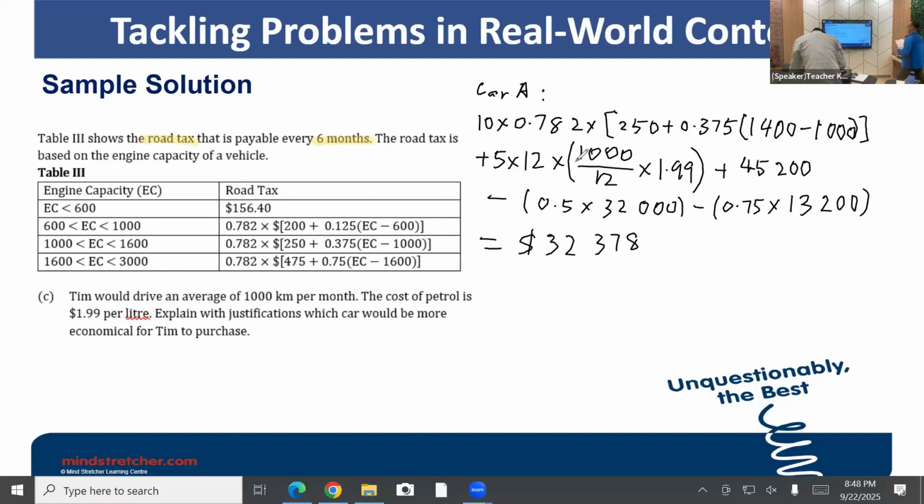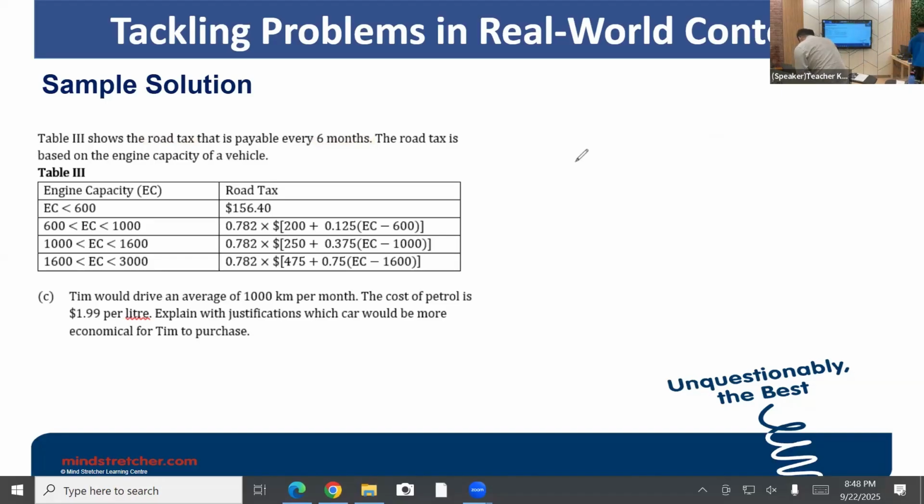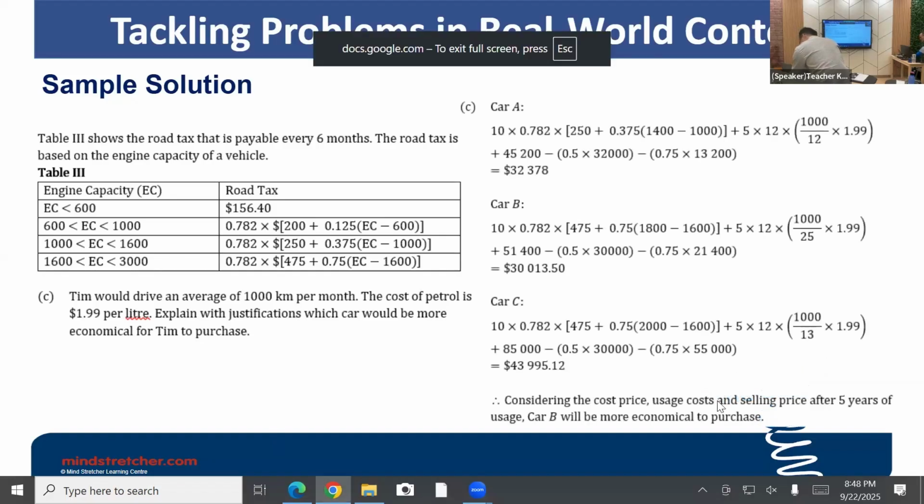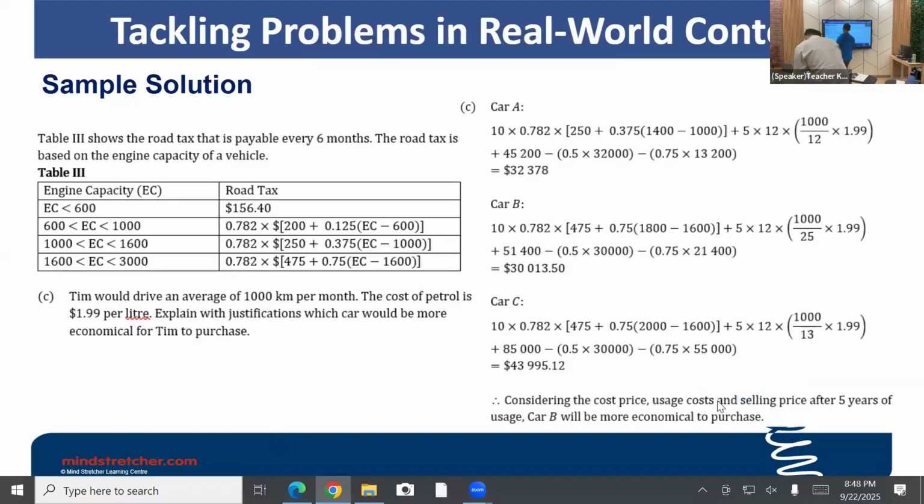Maybe I'll just have this erased first, then I will show you the typed-out working. We'll just wait for a short while. You can take a look at the solution here for the time being first. Then I will have a quick explanation in a short while.